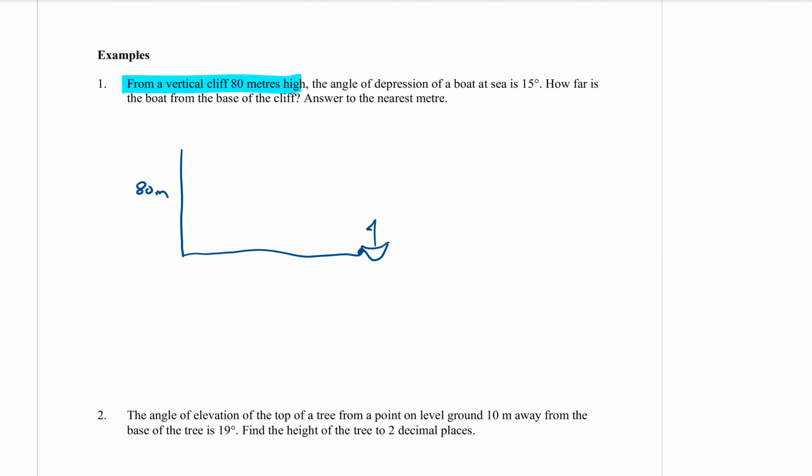The angle of depression, which means I'm going to join up my triangle. There's my triangle joined up. I'm on the top of the cliff. The angle of depression, remember, is measured from the horizontal line. So it is in there, 15 degrees. From the top of the cliff, you find and draw the horizontal line, and the angle of depression, which means going down, is 15 degrees.